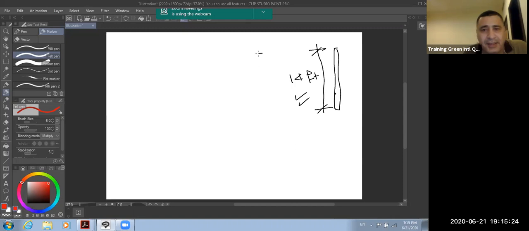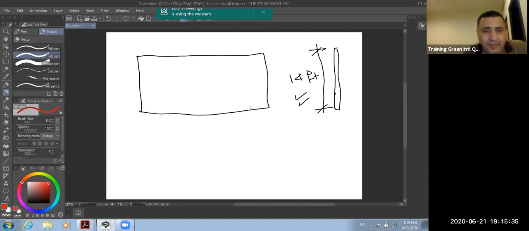Inclined, this is the total length of the wall. This is 20, and this is 14.